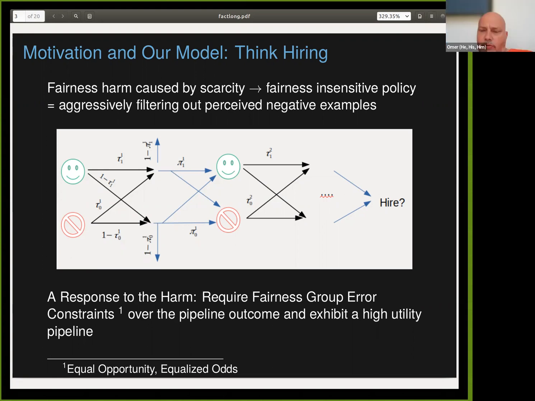So a question. In the picture, it seems like the process doesn't have much memory. Exactly, good question. Sorry, I should have been more clear on that. At every stage, you're promoted just based on the test outcome at that stage.